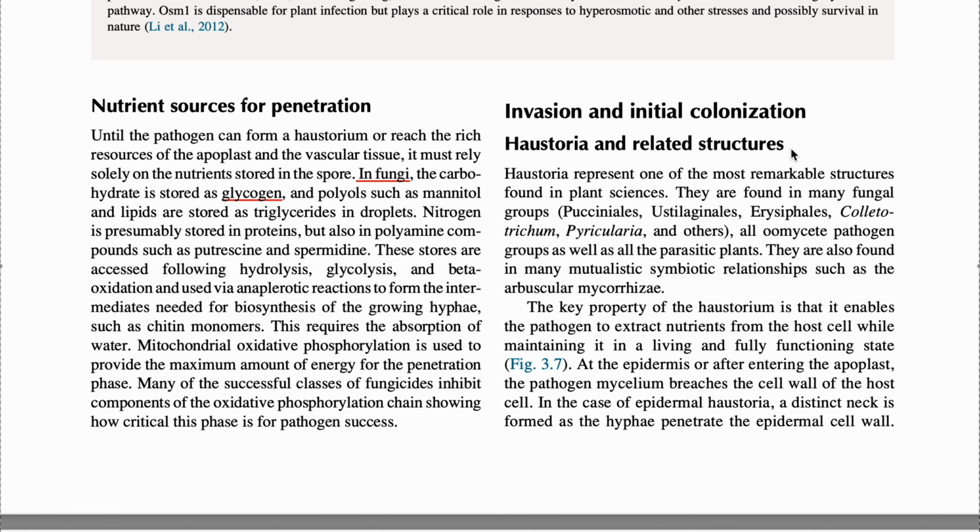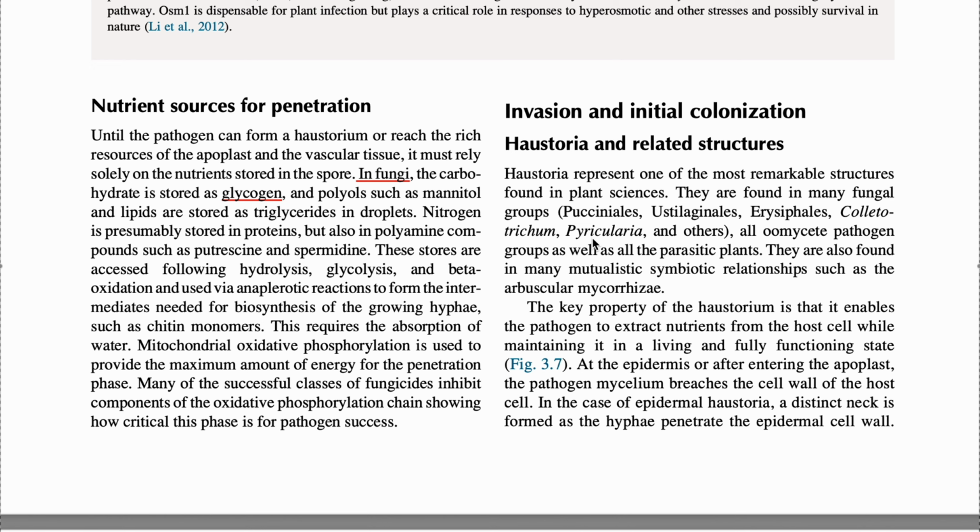Haustoria and related structures. Okay, so haustoria represent one of the most remarkable structures found in plant science. They are found in many fungal groups: Pucciniales, Ustilaginales, Erysiphales, Colletotrichum, Pyricularia, and others, all oomycete pathogen groups, as well as all the parasitic plants.